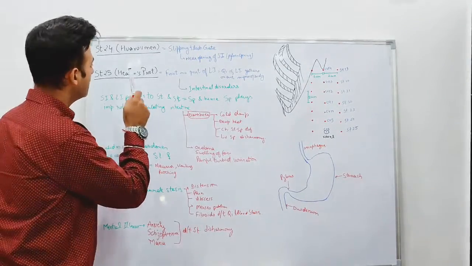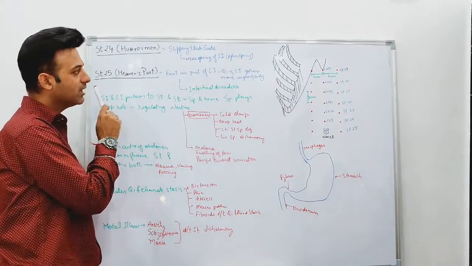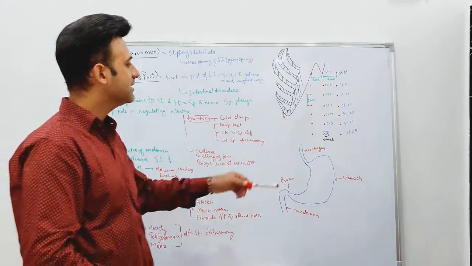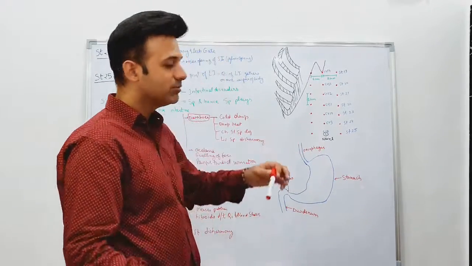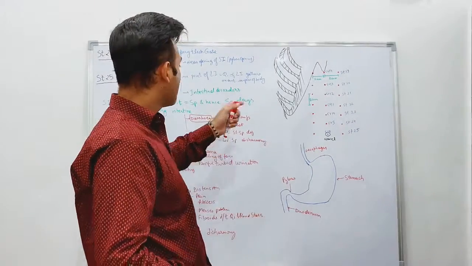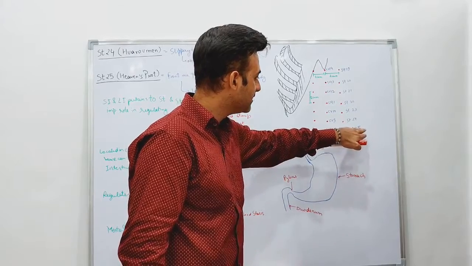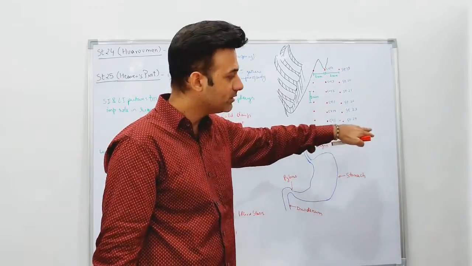It is known as heaven's pivot. So let's see why it's known as heaven's pivot. Now let's see the location of it. According to the TCM perspective, as you can see, this point lies in the middle, the center of the abdomen.